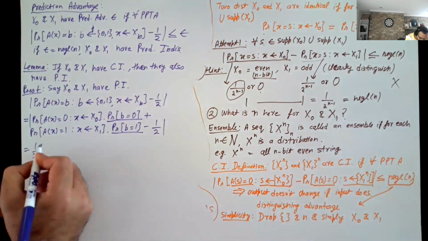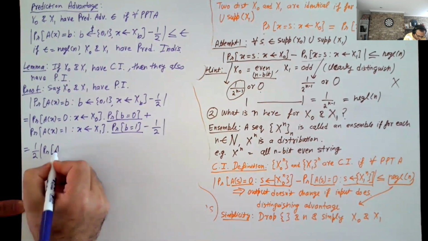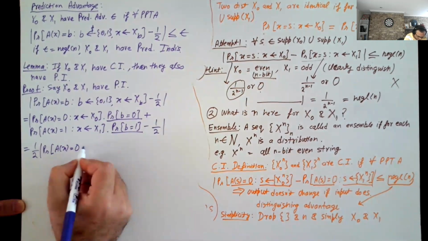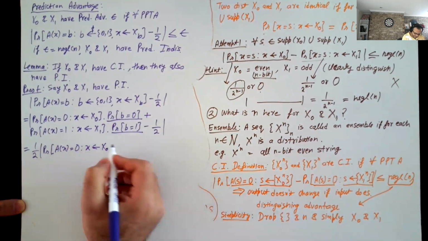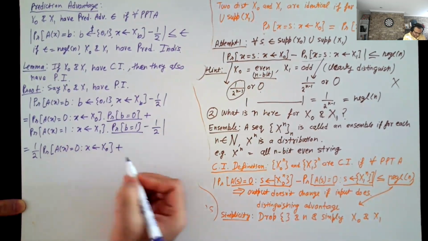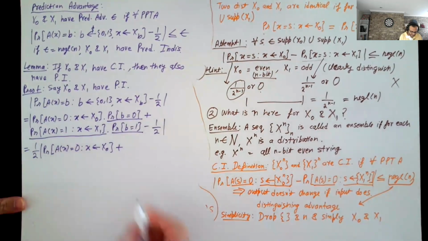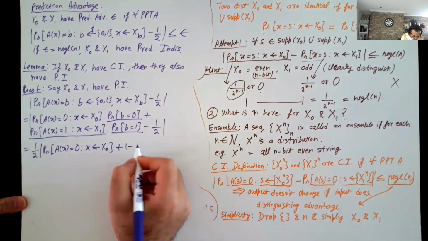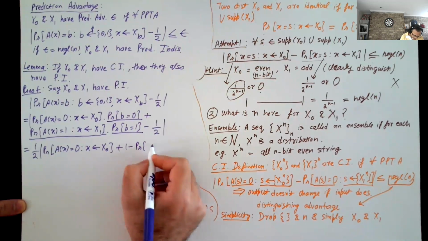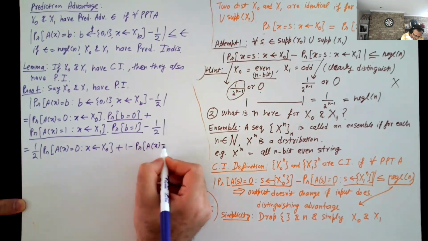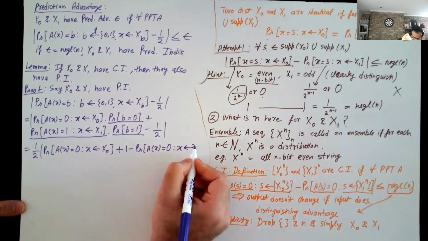And then I just have the probability of A(X) giving me 0 such that X comes from x0, plus, I'm looking at this probability now, and I can write it as 1 minus the probability that A(X) gives me 0 and X comes from x1.